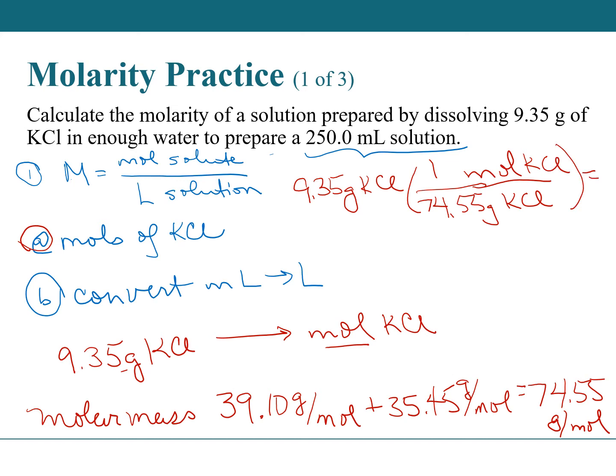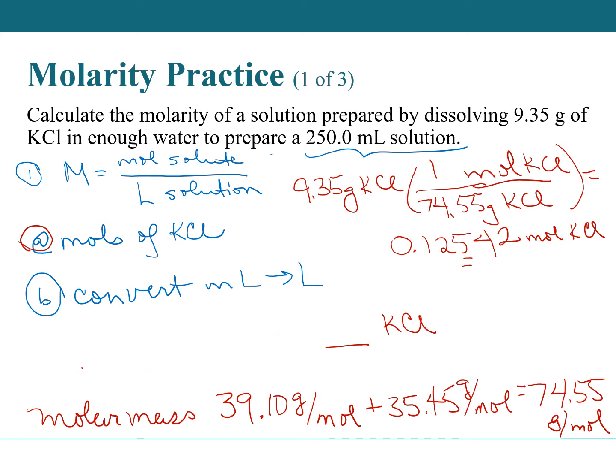And what we get is 0.1254 moles of potassium chloride. Now we know it's 3 significant figures, but I'm not rounding it yet until we finish the whole problem. So just make sure you keep track that in this multiplication I stopped at 3 significant figures.